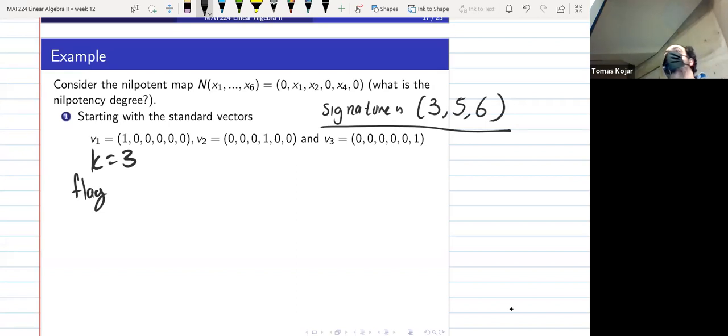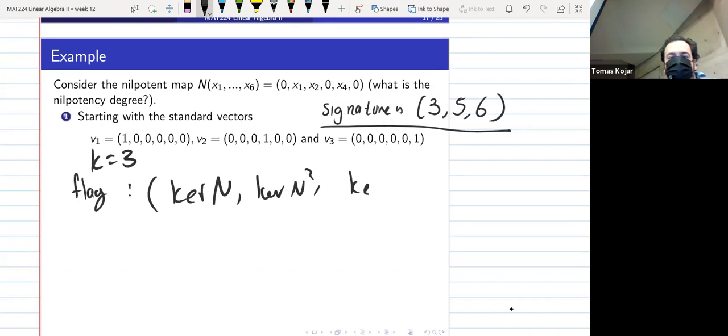What is the exact... Yeah, so it's the sequence of kernels of N, and the signature is just the dimensions. Unfortunately, I don't know if there's a trick other than just brute force.